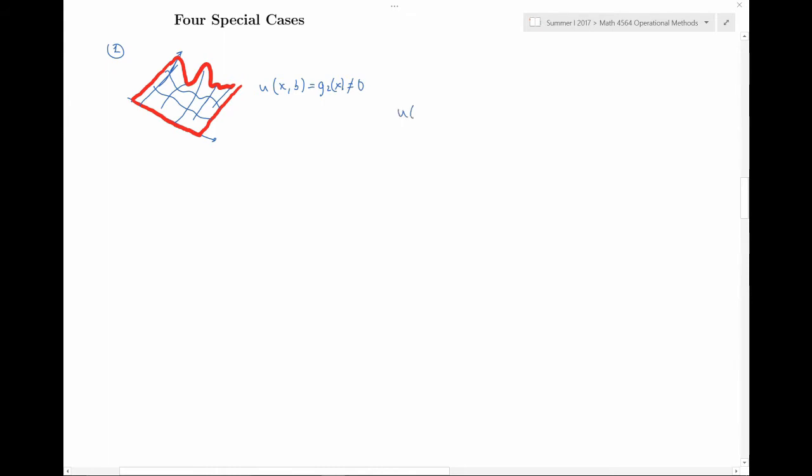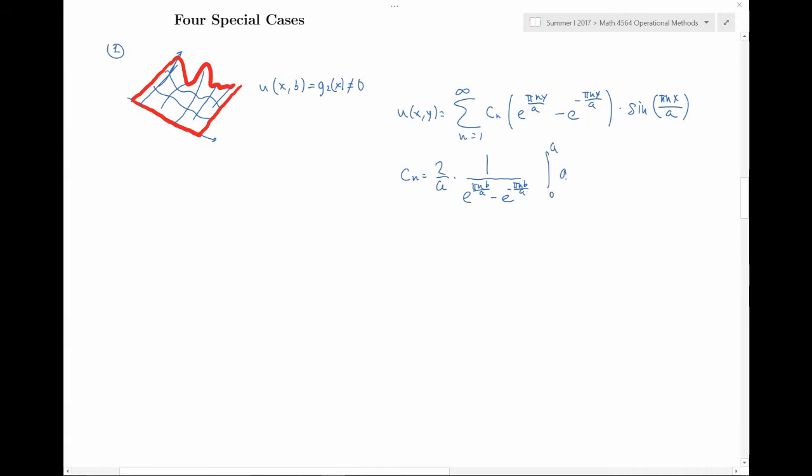In this case, u of x y was the summation, as n goes from 1 to infinity, of coefficients Cn times e to the power pi n y over a minus e to the power minus pi n y over a times sine of pi n x over a, where each coefficient Cn was found as an integral 2 over a times 1 over e to the pi n b over a minus e to the minus pi n b over a, integral from 0 to a of the function g2 of x times sine of pi n x over a dx.